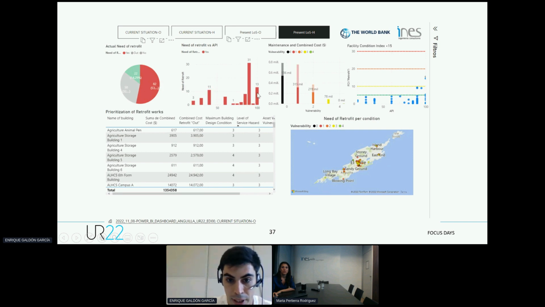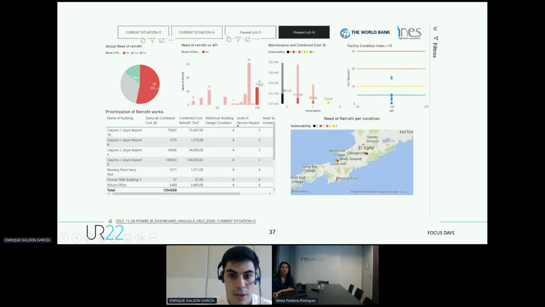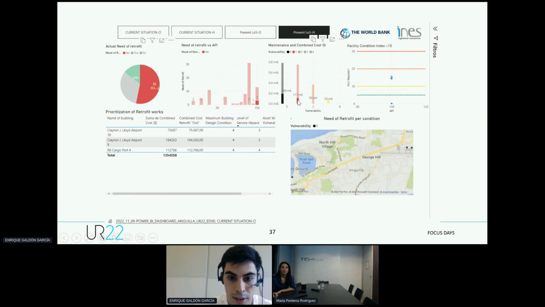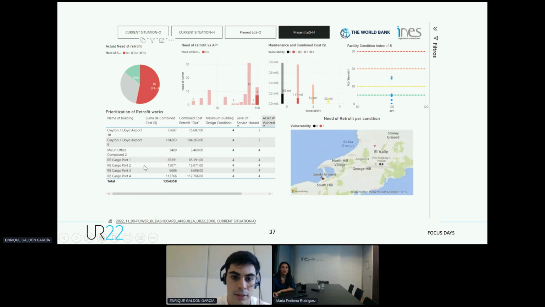Then we can select the buildings with asset priority index of 100, and then those buildings with lower vulnerability. Again, we have the results in this list, and we have the sum of the cost of all the interventions in these buildings.